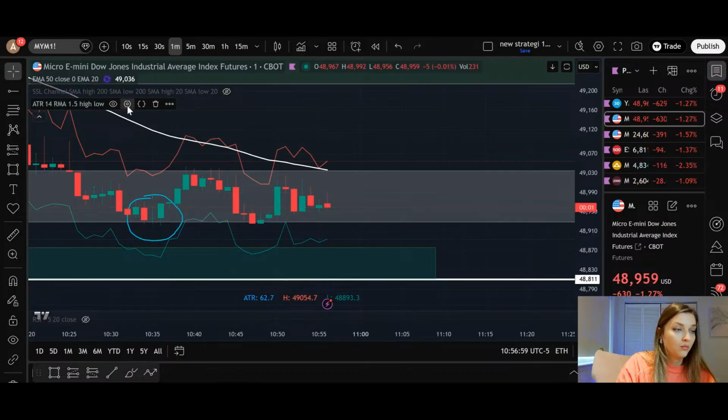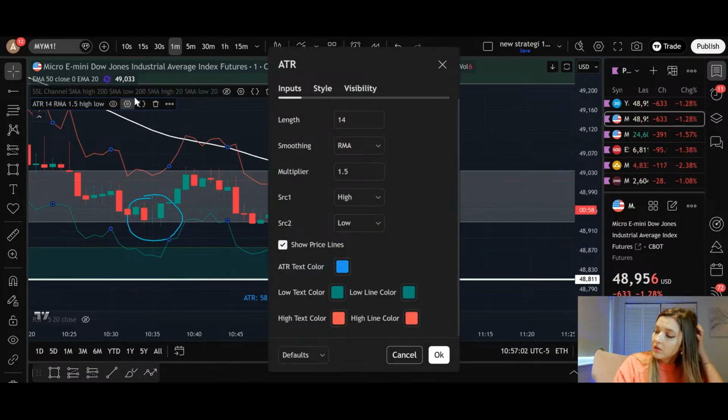I modify it. Let me remember, because I used it a long time ago. That's what I used to use to find my stop loss, but now this is way easier.